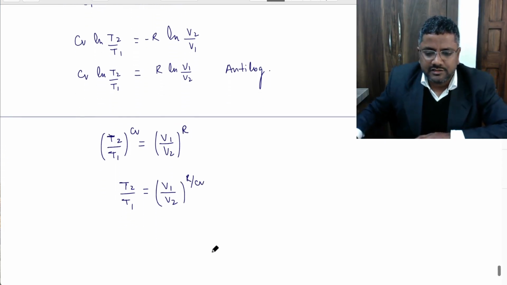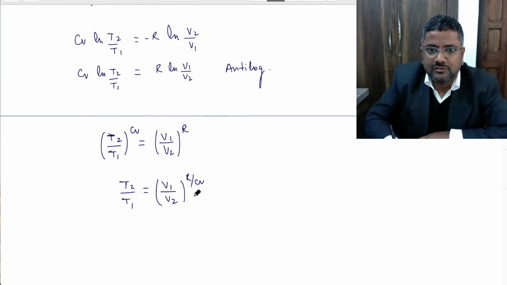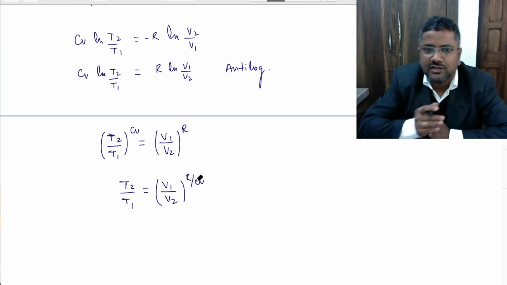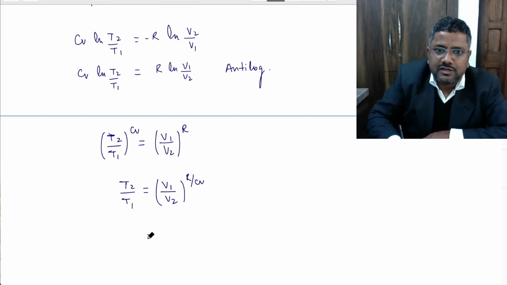R by C_V is equal to, we can write, gamma minus 1. So here we can write T2 by T1 equals V1 by V2 to the power gamma minus 1.